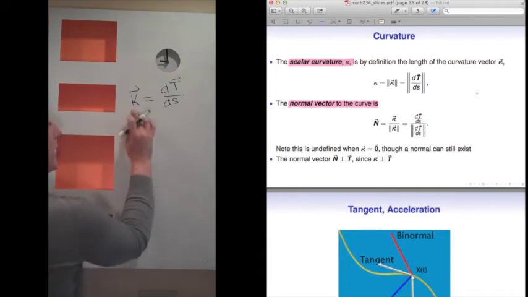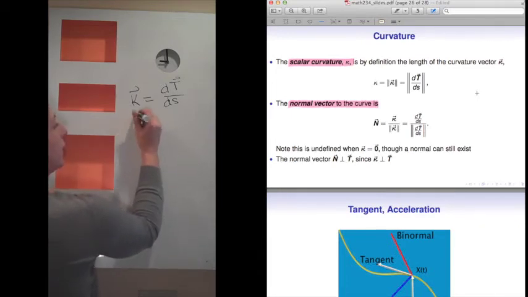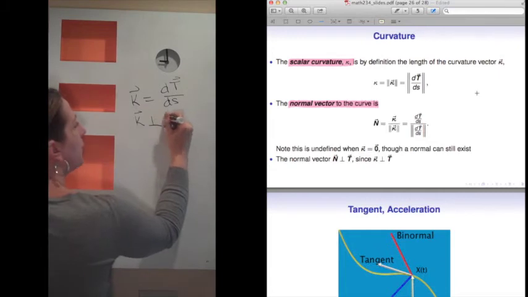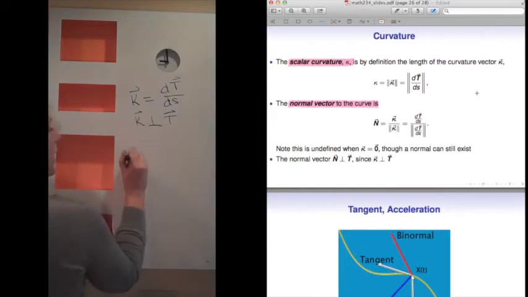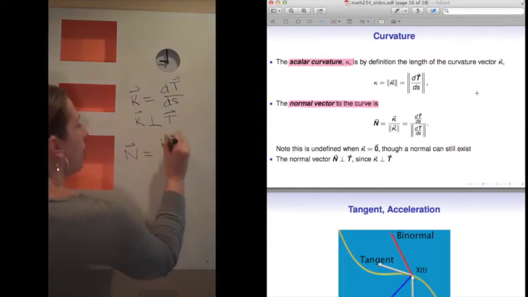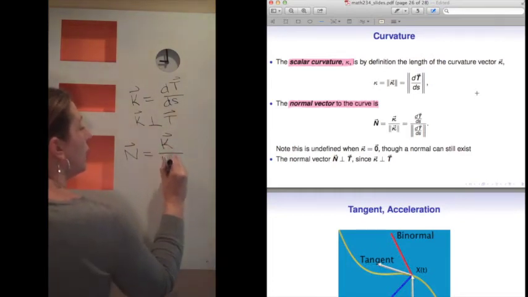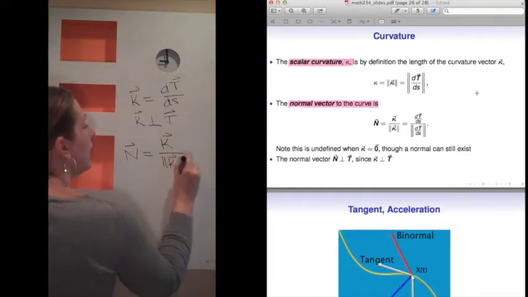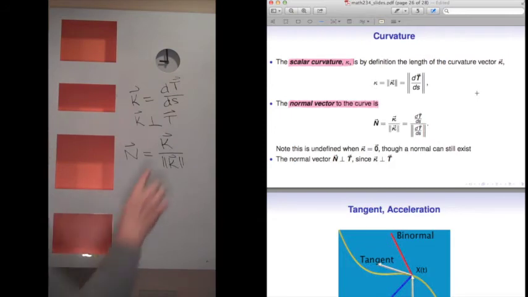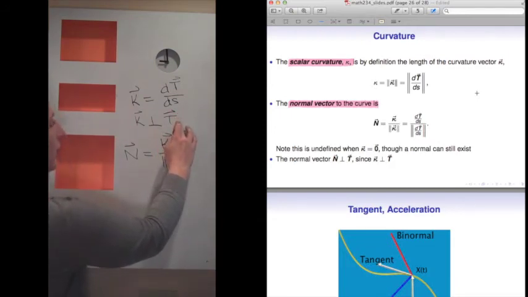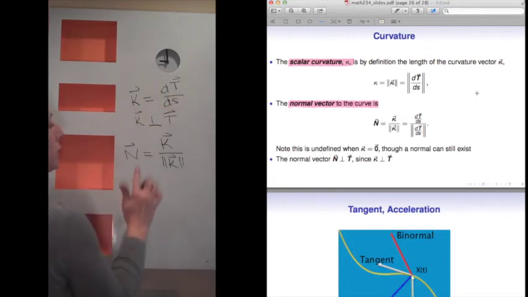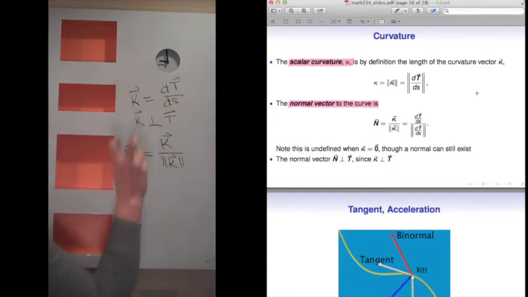And we just decided that kappa was orthogonal to the tangent vector. So now we're going to define a normal vector as kappa over its length. In other words, if you remember, we had a velocity vector and we made a unit tangent vector. Now we have a curvature vector and we're going to make a unit curvature vector.